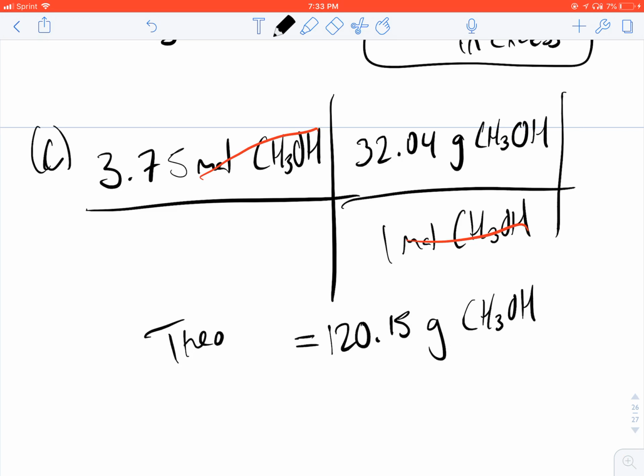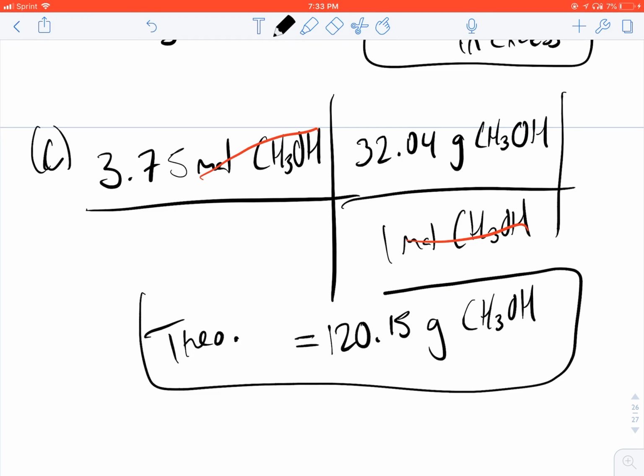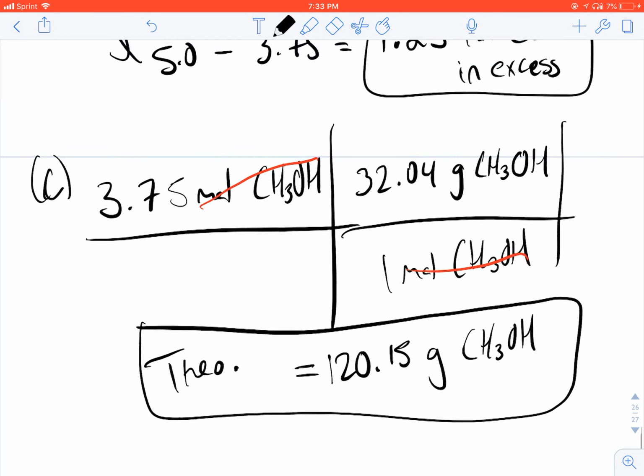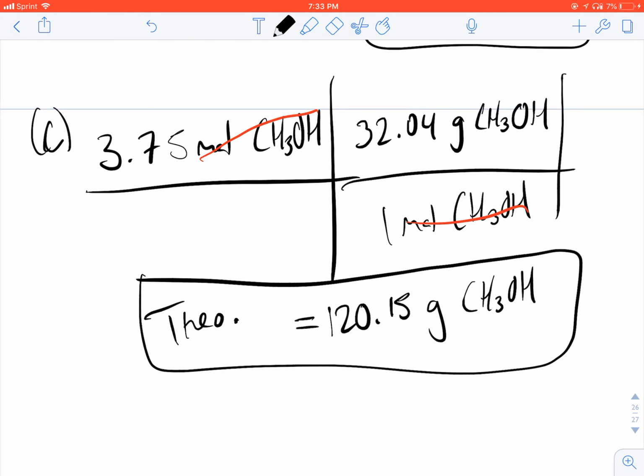And this is our theoretical yield. Boom. All right. So what we found is that theoretically, this reaction can make 120.15 grams of methanol.